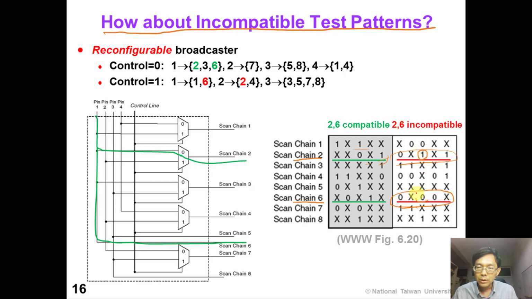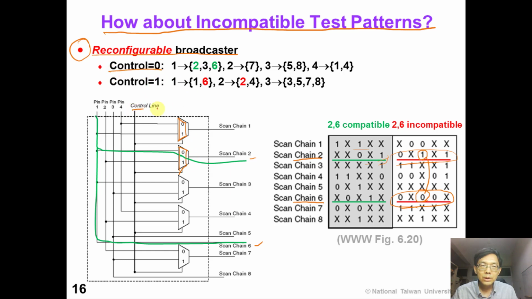For example, due to the conflict in the middle, scan chain 2 and scan chain 6 are incompatible. So now, if we want to broadcast test pattern to scan chain 2 and 6, then we have some conflict. What can we do? We can have a reconfigurable broadcaster. So we add some mux to control the broadcaster.